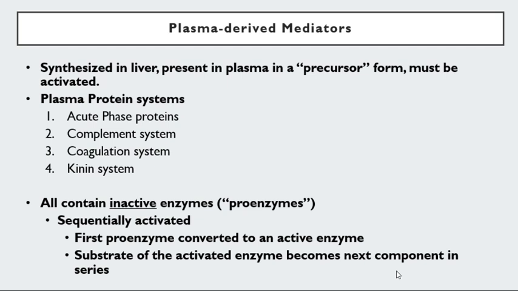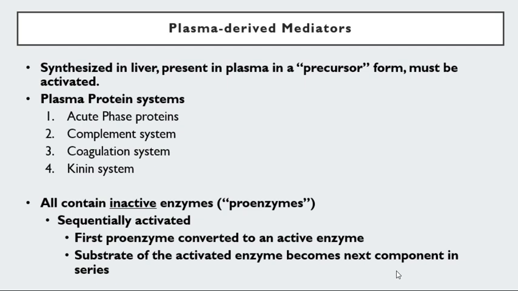So for the plasma-derived mediators, here are some examples. Again, these are synthesized in the liver as precursor forms, because you don't want to always have these things active, or you'll have destruction all the time. You only want them active whenever they're exposed to whatever the target is. So they're synthesized as a precursor and can be quickly activated if there's ever an exposure event to the pathogen.